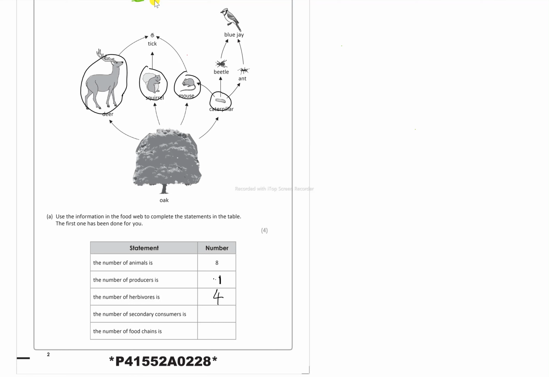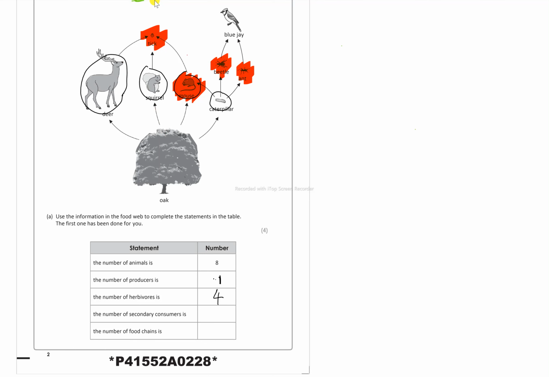Right? So they've said for number of secondary consumers, look, we've got one there. We've got one here. So that's the secondary consumer because of that route. Okay. 2, 3, and then this is a secondary consumer through either that route or that route.